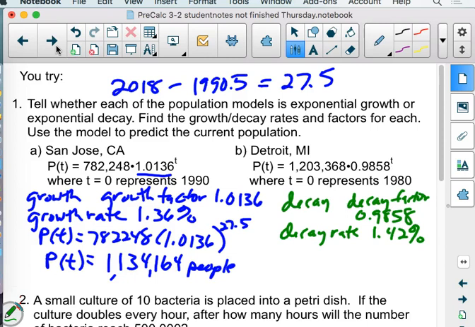Now, this time, we're talking about 1980. So we'll have to do 2018 minus 1980.5. So what are we going to put into that one? Yeah, an additional 10 years, 37.5.